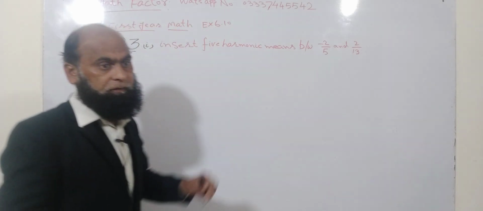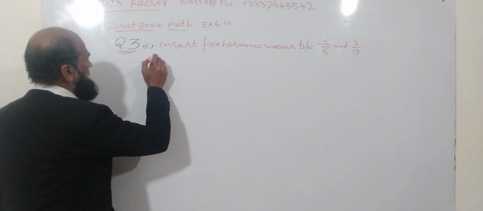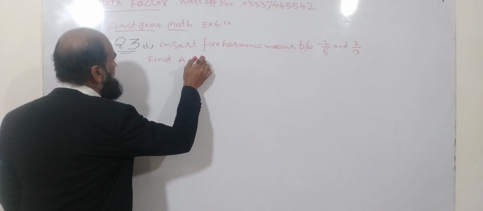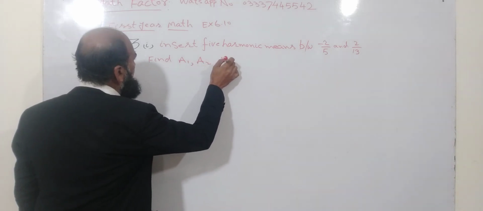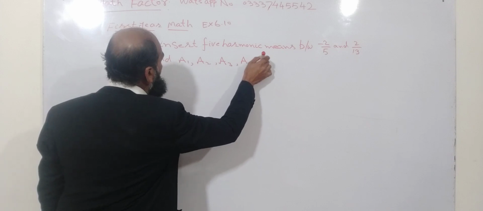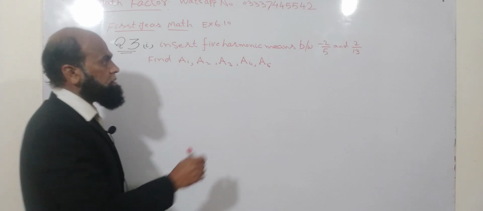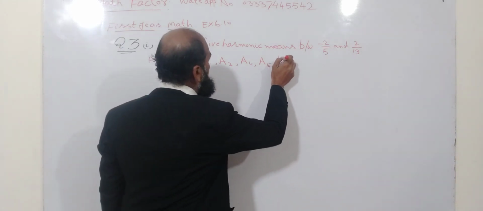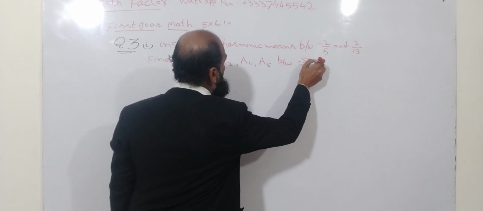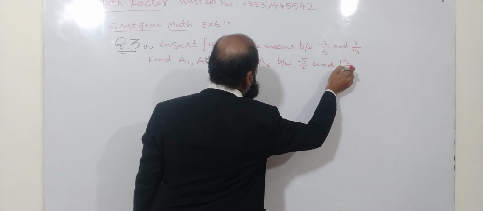Exercise 6.3. Find A1, A2, A3, A4 and A5, 5 arithmetic means between minus 5 by 2 and its reciprocal, 13 by 2.